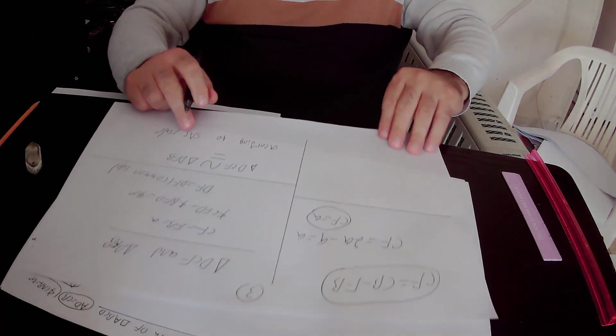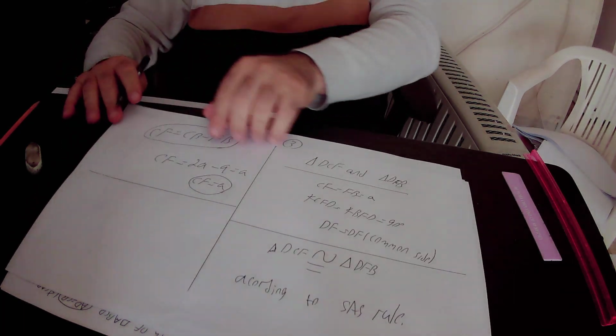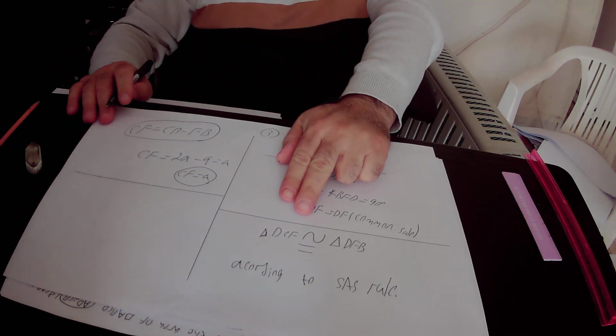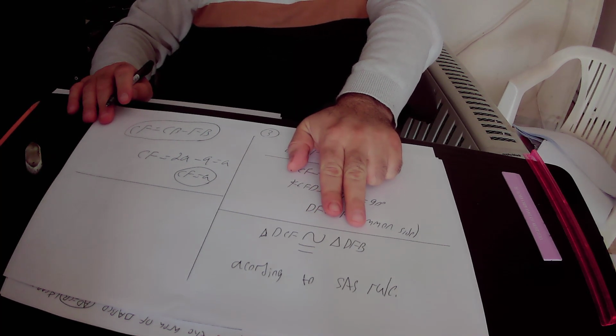I'll repeat again. We proved that triangle DCF is congruent to triangle DFB according to the side angle side rule.